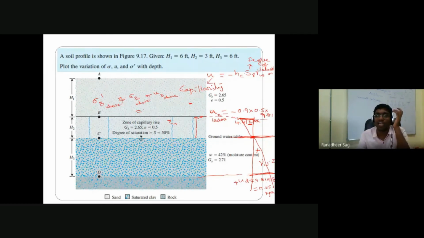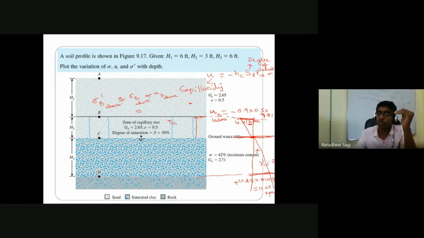I need not specifically consider my total stress, because total stress is all because of the weight of the material over and above your point B. So all the material is already taken just at point B or slightly above point B. It doesn't make much variation in the calculated value of your total stress at point B. That's why I didn't specifically say total stress at point B slightly above or slightly below.